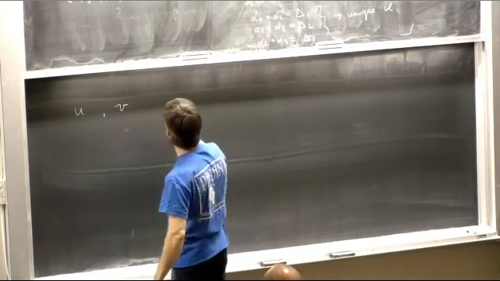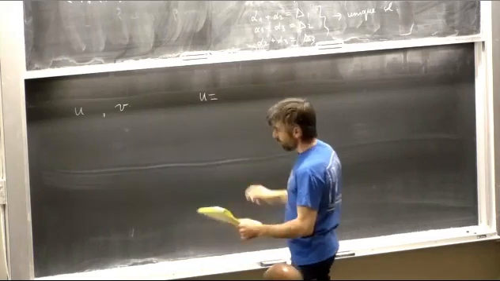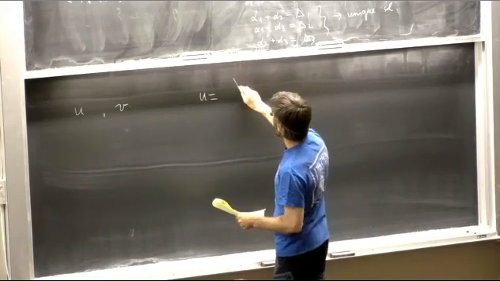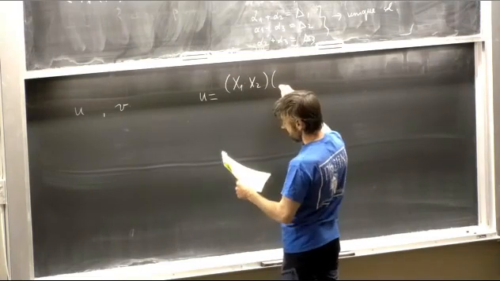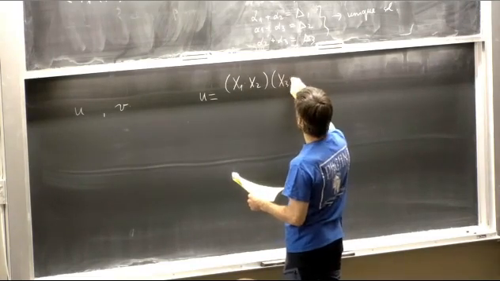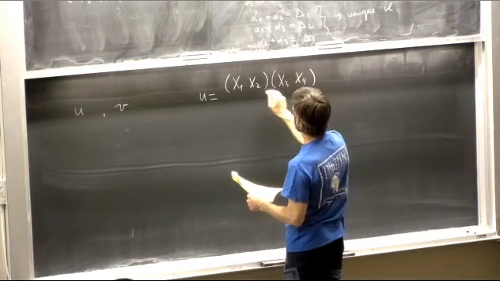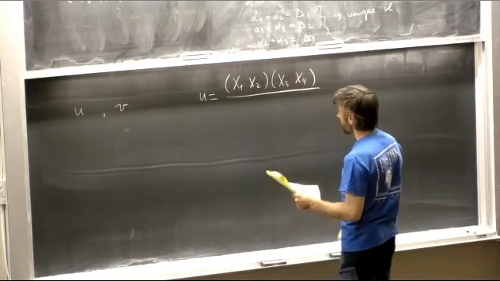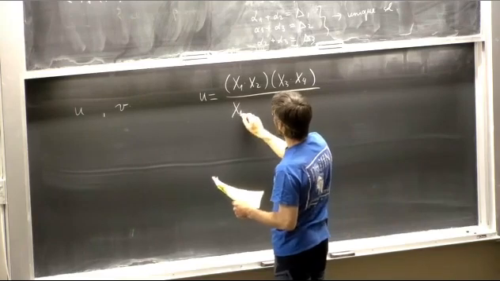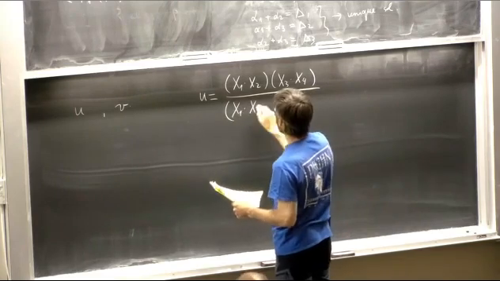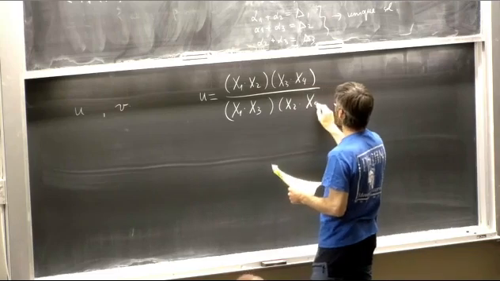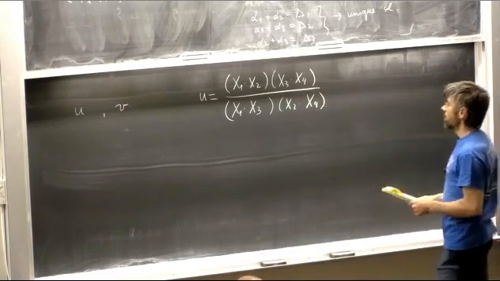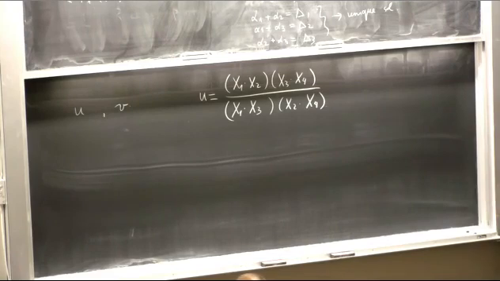Because let me write in the embedding formalism what u is. u is equal to x1 times x2, x3 times x4, divided by x1 times x3, x2 times x4. So this is the expression for u in the embedding space.